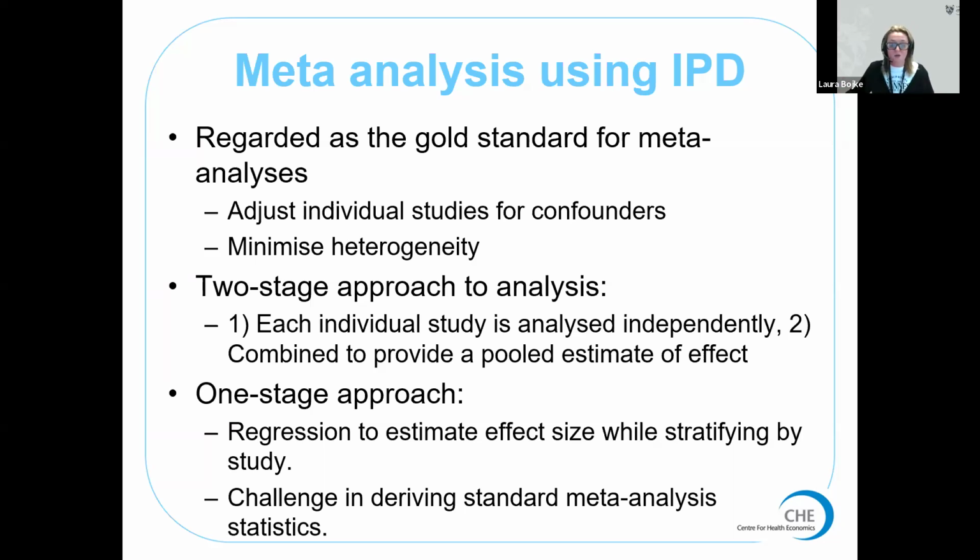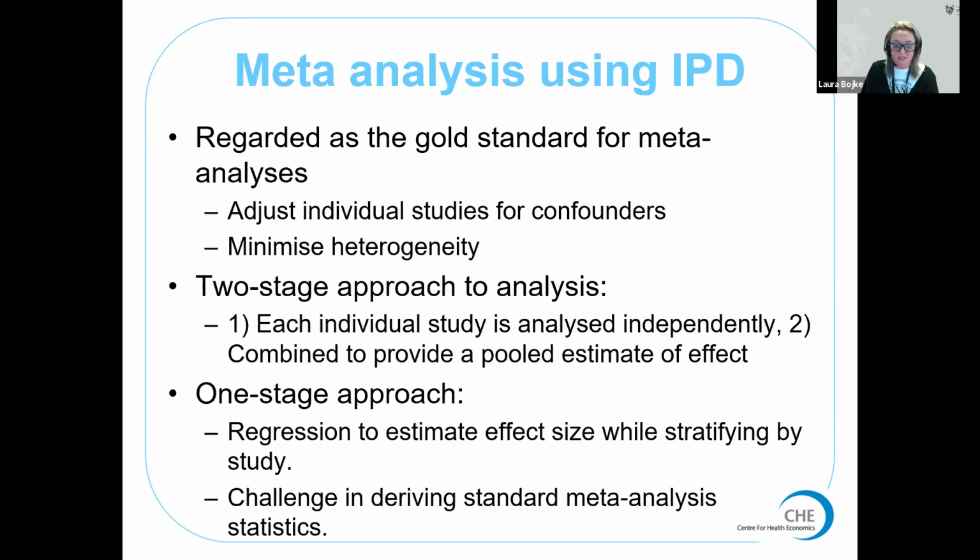The first is that you can use a two-stage approach. Each individual study is analysed separately, and then you take those pooled estimates and combine them, very much in the same way that we've talked about with the aggregate data. Obviously, you lose a degree of sensitivity there. So there is an alternative, the one-stage approach, which would be a regression to estimate the effect size while stratifying by study.